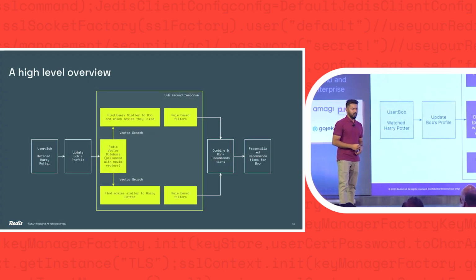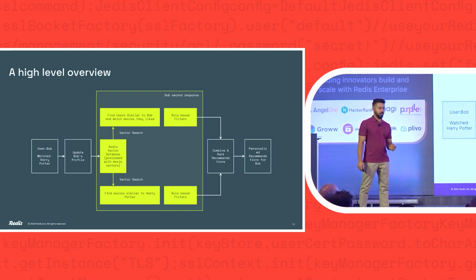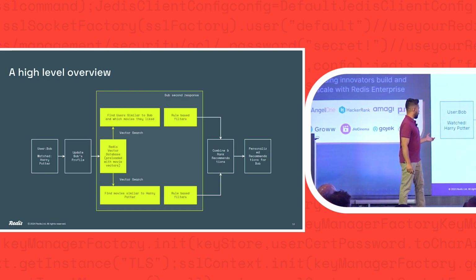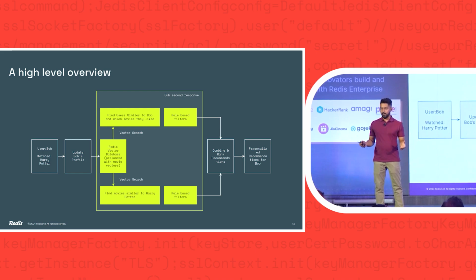This is a very high level diagram of a recommendation system. Let us say that there is a guy called Bob. He watched the movie Harry Potter, and what happens after that? How do you give recommendations to Bob? What happens is you first update Bob's profile to store his preferences. Now Redis offers so many data structures.